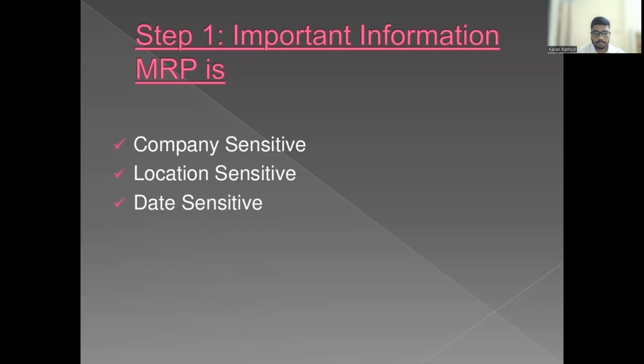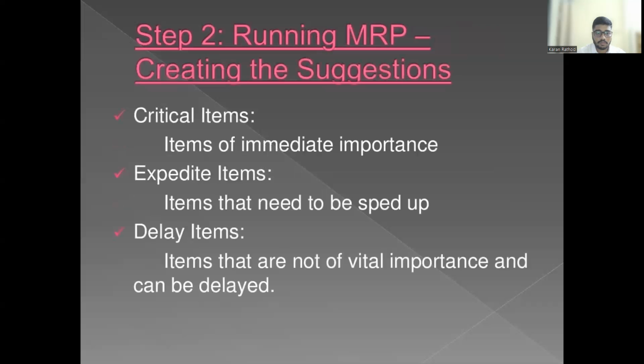Important information: MRP is company sensitive, location sensitive, and date sensitive. It depends on different companies and different locations. And it is date sensitive, that is the order should be delivered on the desired date, or the production would be hampered.